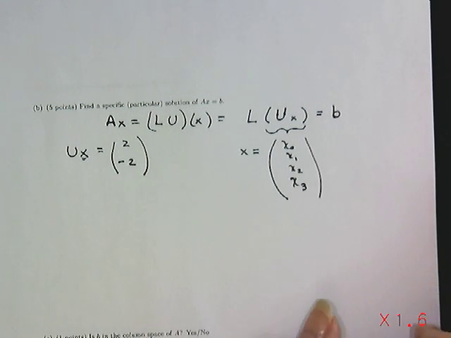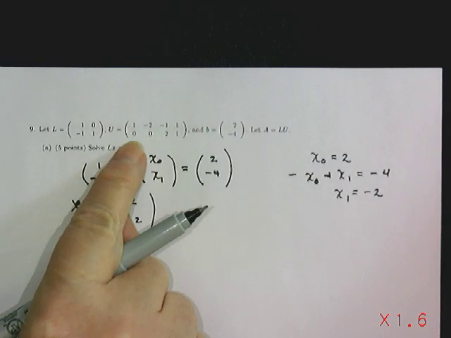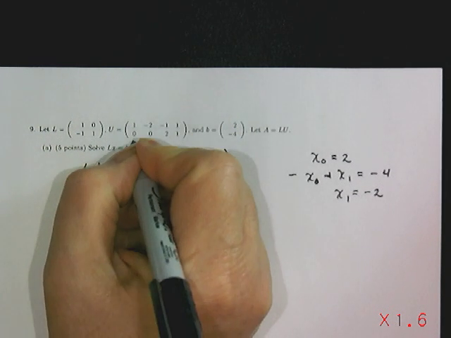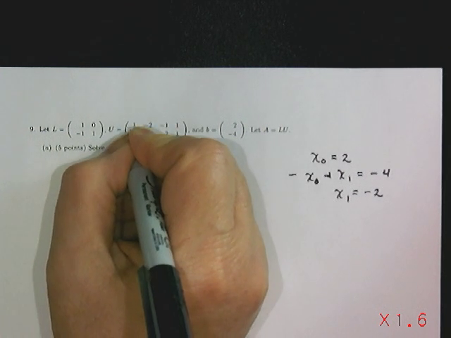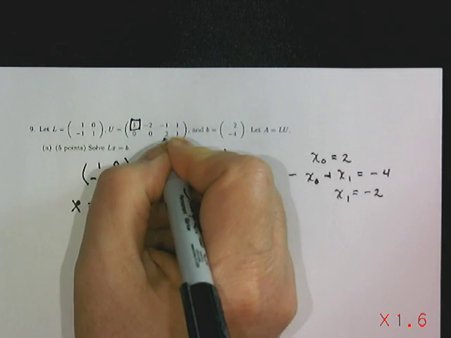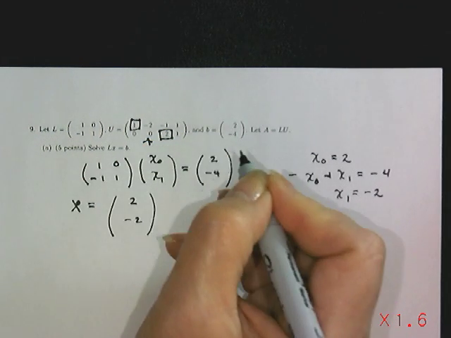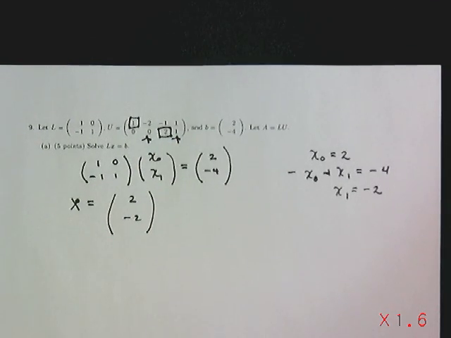Well, at least if we look carefully at U, it's already in echelon form. So our pivots are here and here. And our free variables are going to be the chi1 and the chi3.